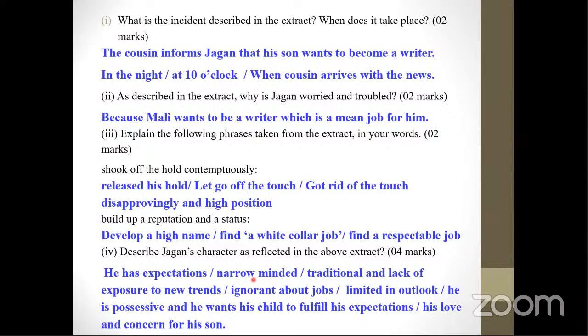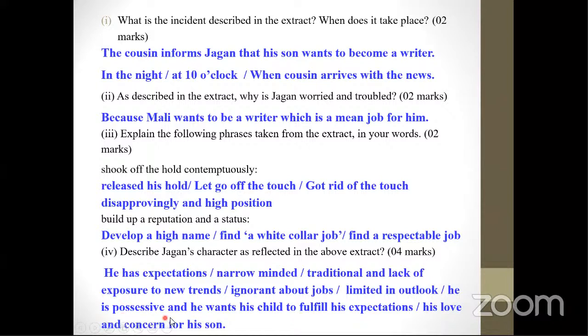That is why narrow-minded. Traditional and lack of exposure to the new trends. That, of course, we see is traditional. The extract reveals that. Ignorant about jobs. Another way to express the same idea: limited in outlook, very limited. He does not think beyond or think out of the box.